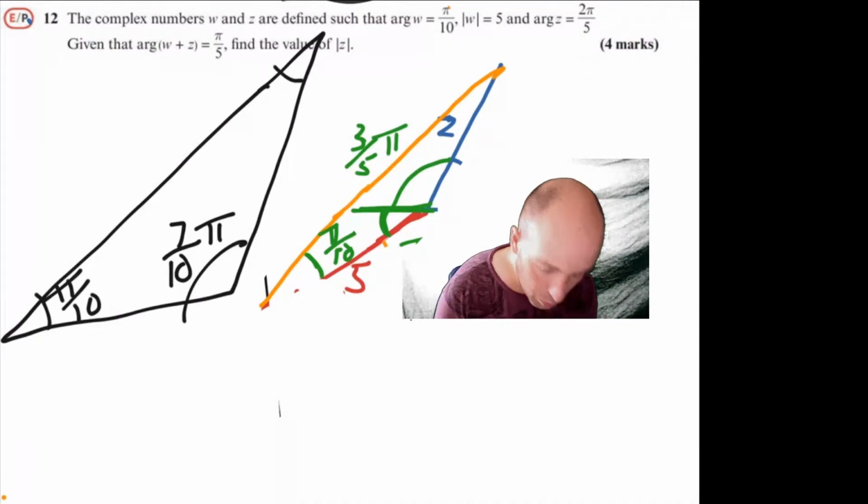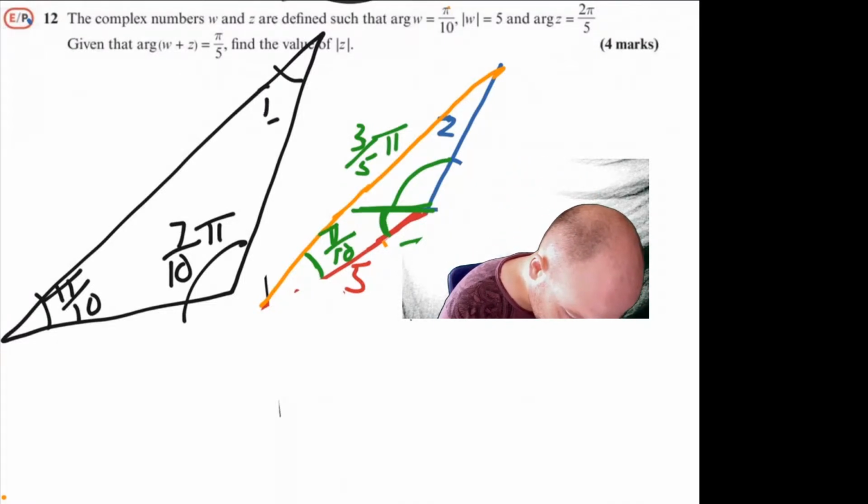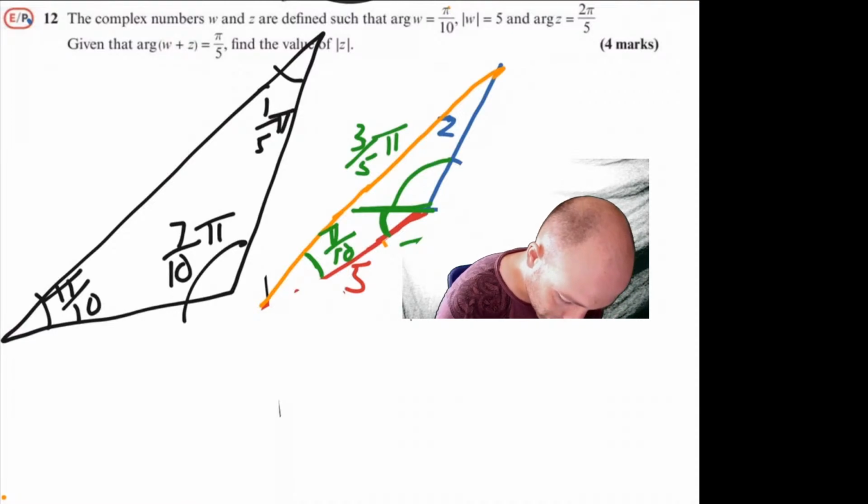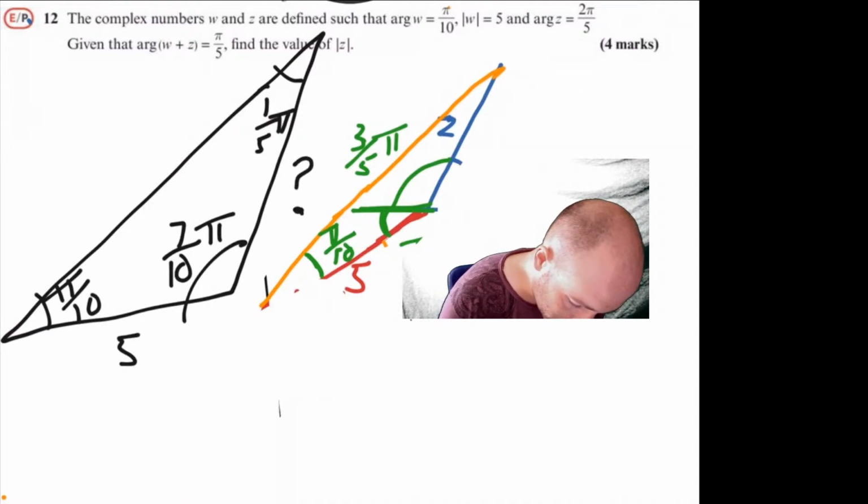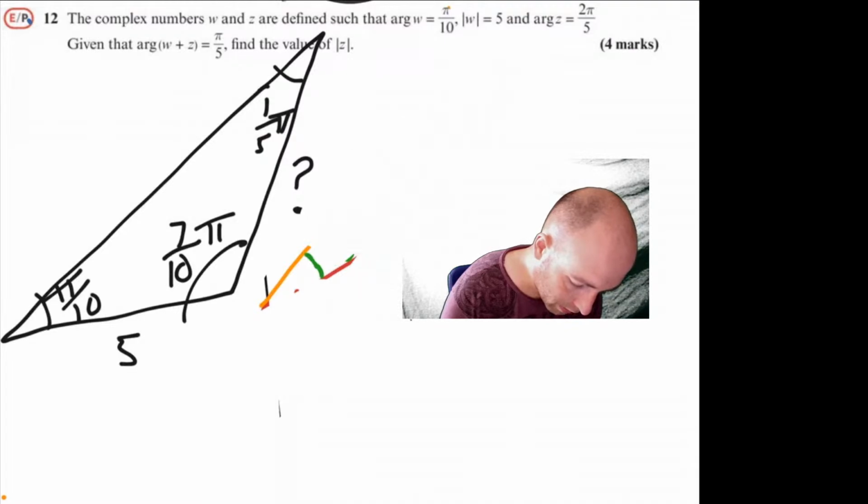So that will make this one up here 7, 8. This will be 2/10 pi or 1/5 pi up there. We know this length is 5, and this is the length that we want to try and find out.